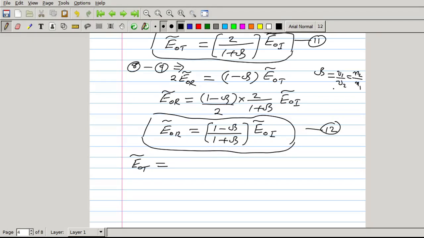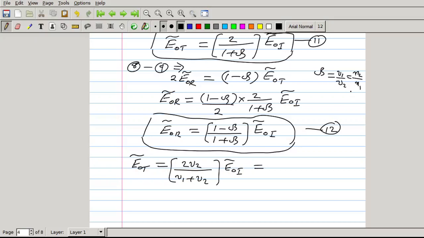If I substitute V1 by V2 for beta, this is 2 by 1 plus V1 by V2. On simplifying that, 2 V2 by V1 plus V2, into E0I.